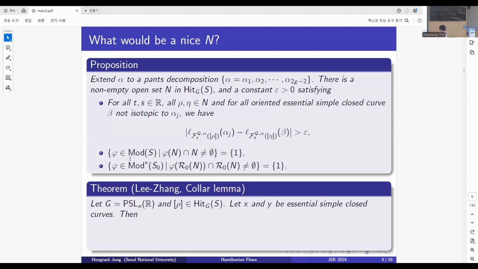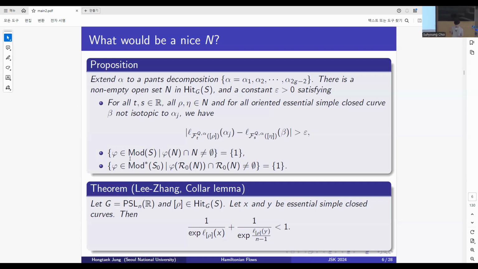I didn't put the assumption that they should intersect each other. Then the following inequality holds. It says that, suppose the length of x at rho is very small. Then this fraction becomes very large. And because this sum must be smaller than 1, this quantity must be very small, meaning that the length of y at rho must be very large.